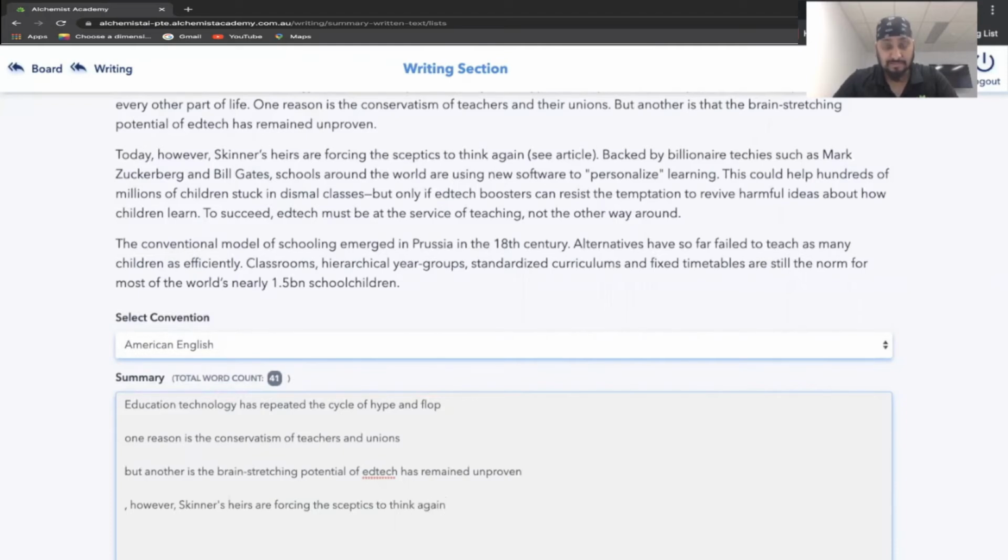Okay, why is that? And the reason is because schools around the world are using new software. Okay, schools around the world are using new software to personalize.